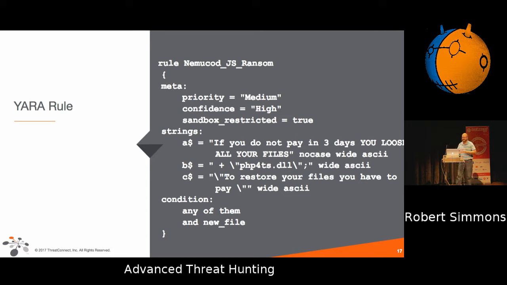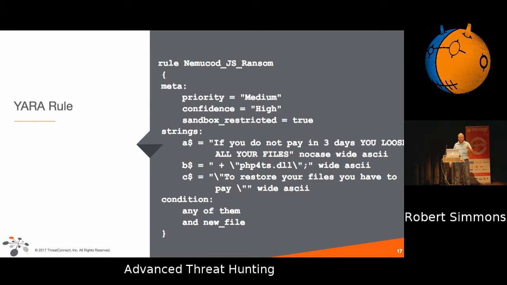And then confidence can be judged over time as to how good of a rule it is, whether it's high in false positives, or when you first deploy the rule, it's basically the gut feeling of the analyst as to how good of a job they did writing the rule. Sandbox restricted, obviously, because you're using automation to take the output of rules and add that to sandboxes.